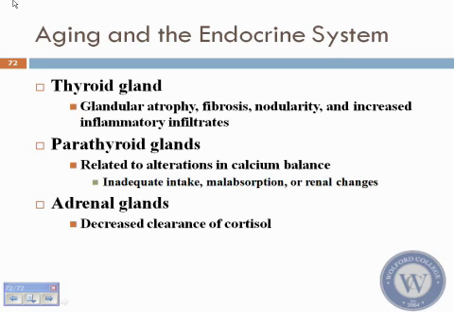Parathyroid glands also begin to drop off in their concentrations. As a consequence, you get inadequate calcium balance. The adrenal gland also begins to decrease the clearance of cortisol, so sometimes you won't see as much cortisol available as you want, and the person may develop what's called Addisonian crisis as they get older, but that's still pretty rare. Okay, and that's it.